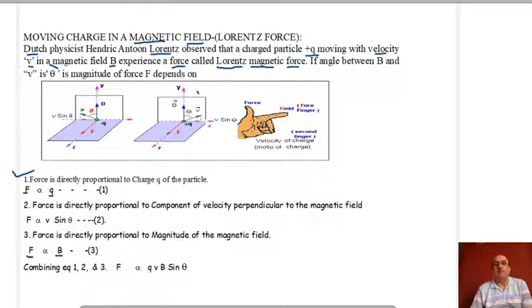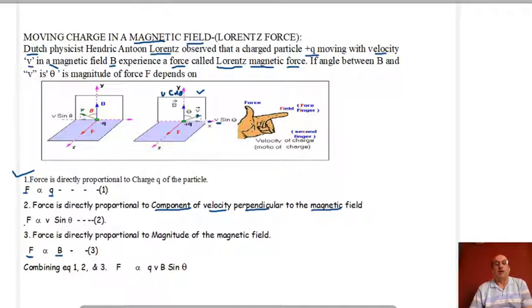In this figure, the velocity of the charged particle is represented by v. It has two components, v sine theta and v cos theta. Then according to Lorentz, the force acting on a moving charge is directly proportional to the component of velocity perpendicular to the magnetic field. The component perpendicular to the magnetic field is v sine theta, this one.